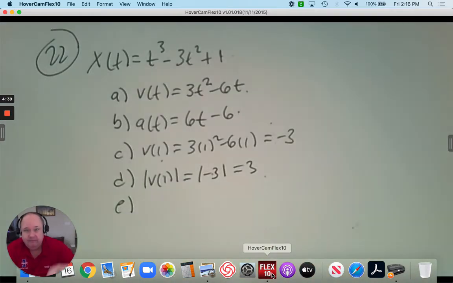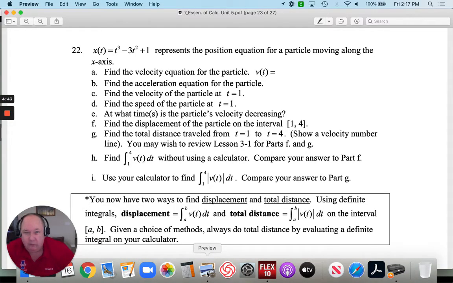E says, at what time is the particle's velocity decreasing? For that, I need to take the acceleration and find the sign. So when is the velocity decreasing? It's the acceleration that will give me the increasing and decreasing of that.